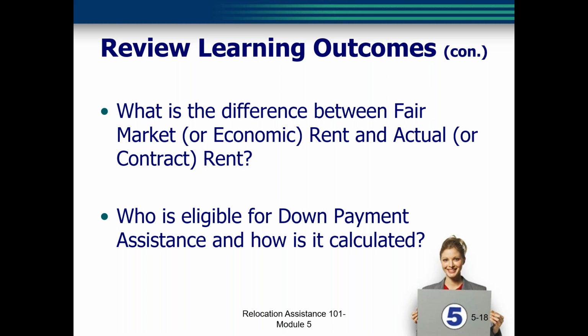Their actual payment cannot exceed this amount, meaning when they choose a replacement site, this sets the maximum that they're going to receive. If you remember in that example, you calculated out $13,650, but what they actually rented, they only needed $12,650 or whatever it was. So they only get what they spend.